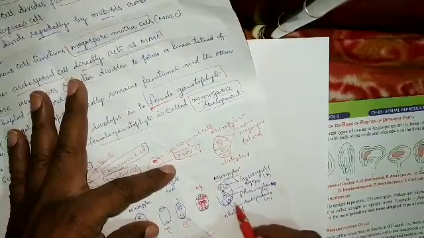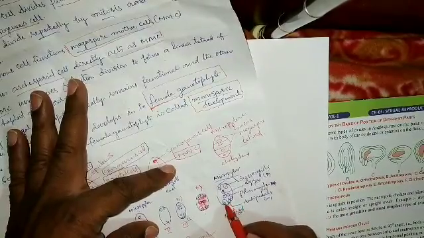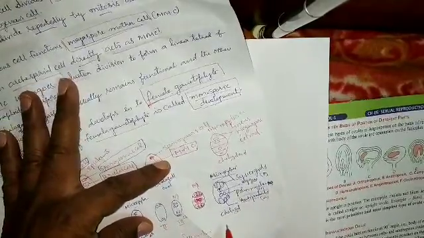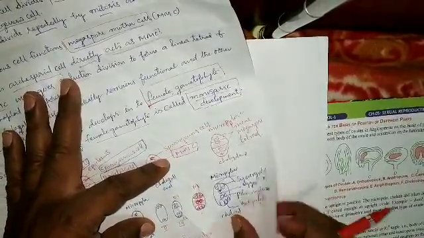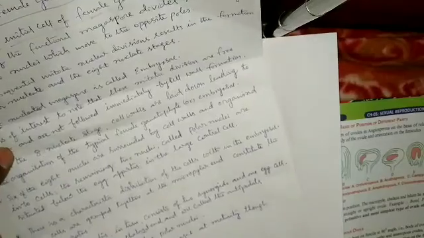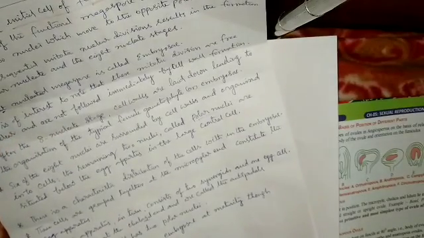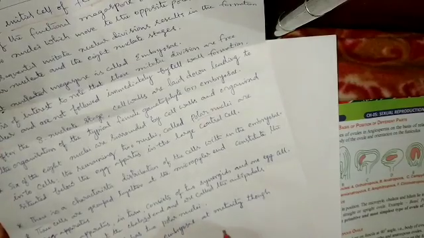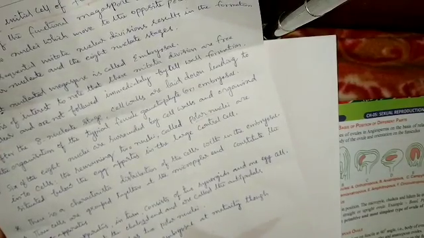The chalazal side has 3 cells. These are called antipodals. So like that, a 7-celled, 8-nucleated embryo sac is formed after the complete development of the female gametophyte.